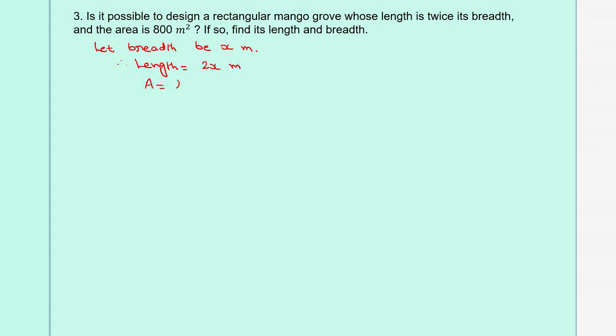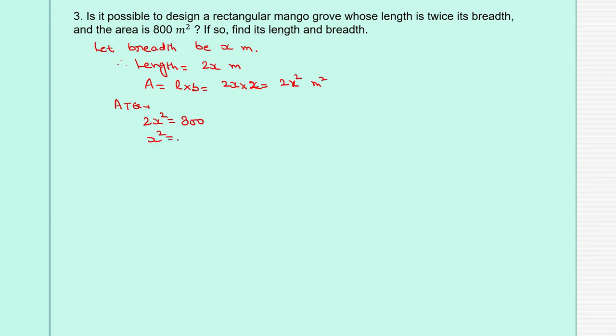Area is equal to length into breadth, that means 2x into x, which is equal to 2x square meter square, but it is given that the area is equal to 800. So 2x square is equal to 800.